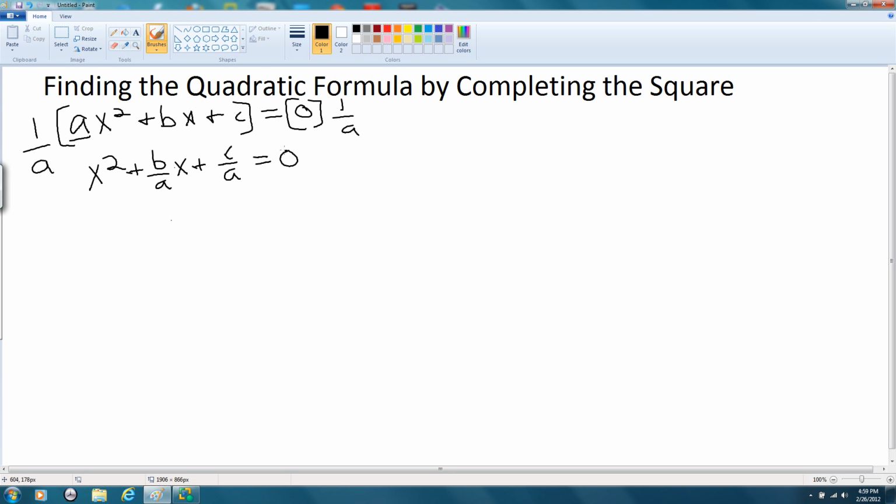Now, the next thing, you will recall, is to take this coefficient and divide it by 2, which is the same as multiplying it by 1/2. So b over a, I'll put a little tiny x there, times 1/2, and so we get b over 2a.